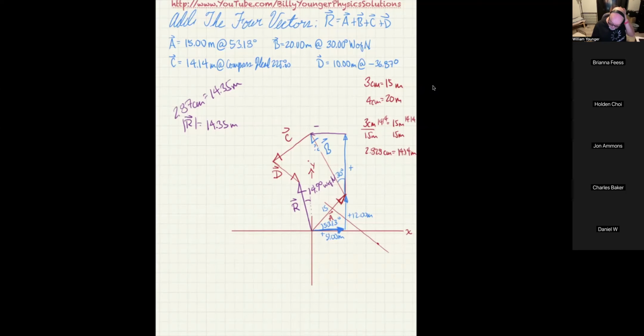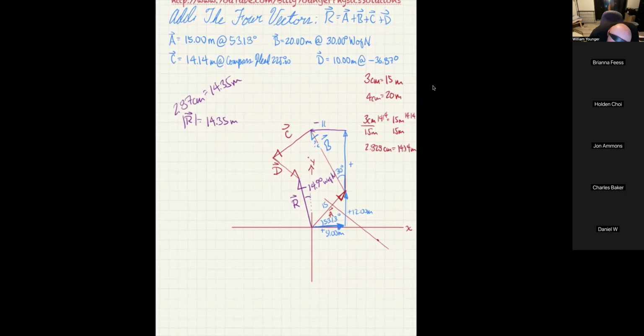As we said, the 30 is opposite the short side. I obviously multiplied by 10, so this would be negative 10.0. So again, this is just a place where you would be putting in your calculator 20 meters times the sine of 30 degrees, and that should give you 10.